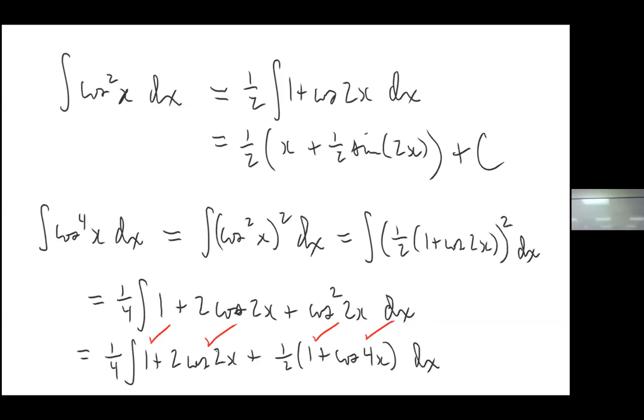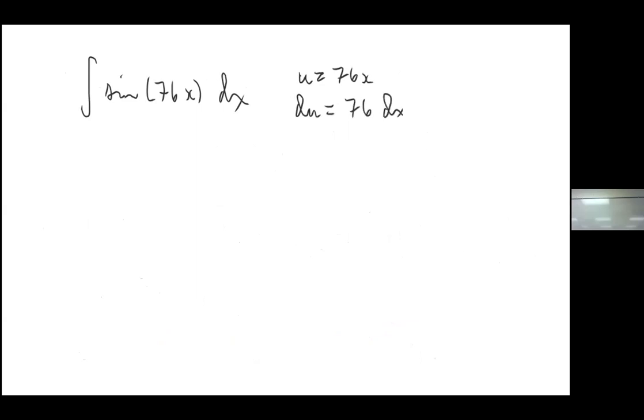Right. So I mean, yeah, that's a good question, right? Okay. So if I had the integral of sine of 76x dx, I mean, if you think about it, you could put u equal to 76x, then what's du? 76 dx.